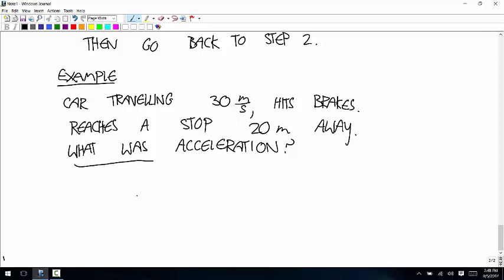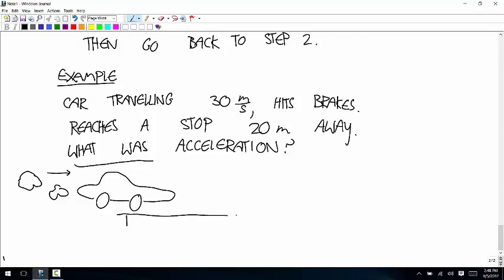So here's the car. It's going this way. It hits the brakes here, and then 20 meters away, it comes to rest.